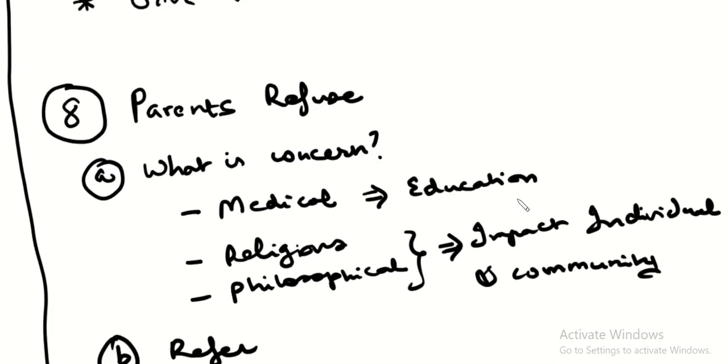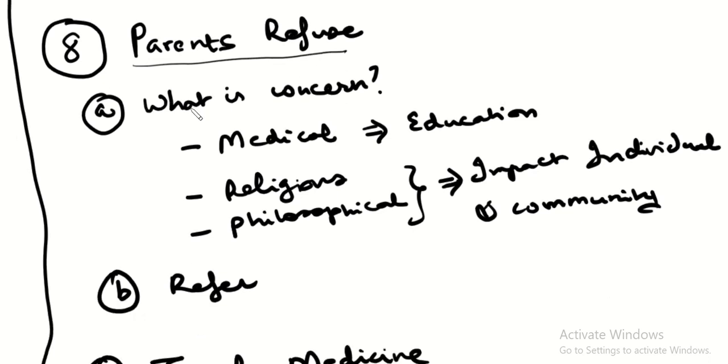What if patients refuse? Parents refuse, not patients, parents refuse. Actually, even patients refuse. But when it comes to vaccination, if there's a refusal, what do we do? First, we figure out the concern. If there's a medical concern, we educate them.